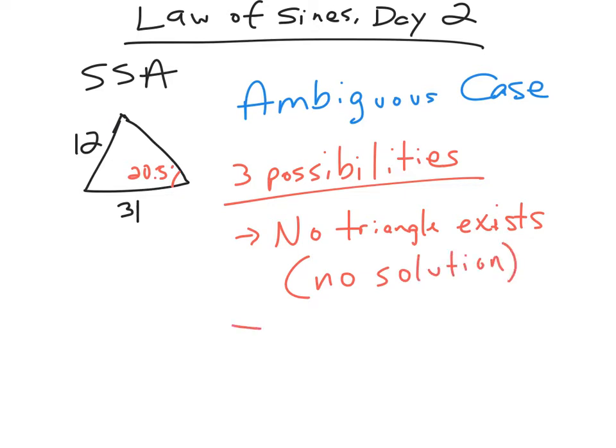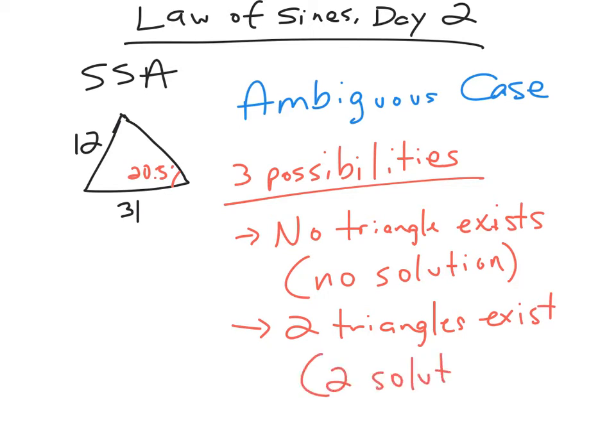The second possibility is that two triangles exist. That means that there are two solutions for each of the missing sides.